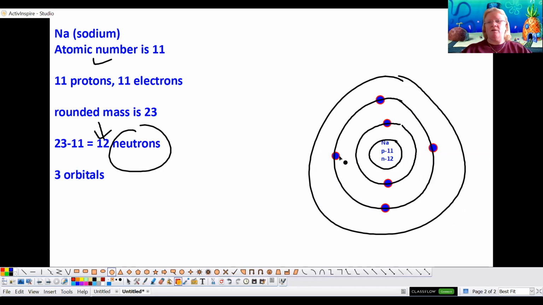That gives me 6. 1, 2, 3, 4, 5, 6, 7, 8, 9, 10. And I have 1 more, right? So where does it go? Well, this one is full. It's got 8, so I have to go to the next one and it goes above. So my total number of electrons is 11. I can see the outermost energy level has 1, and that is a Bohr model of sodium.